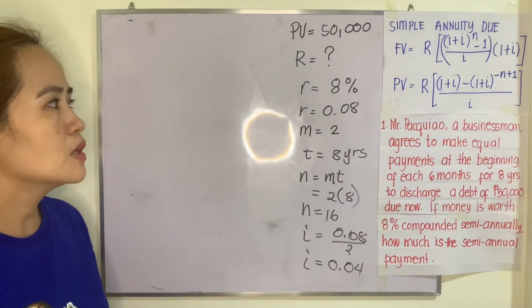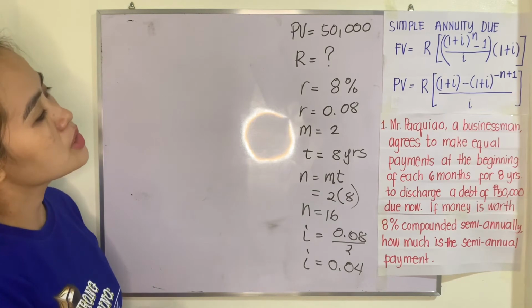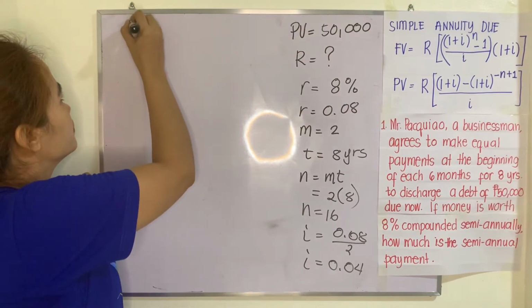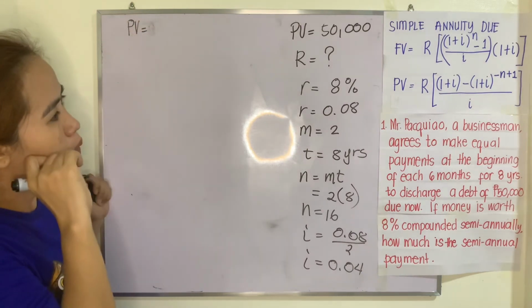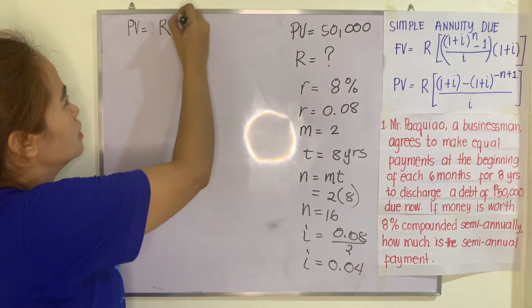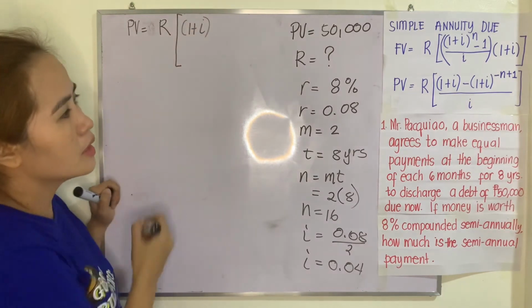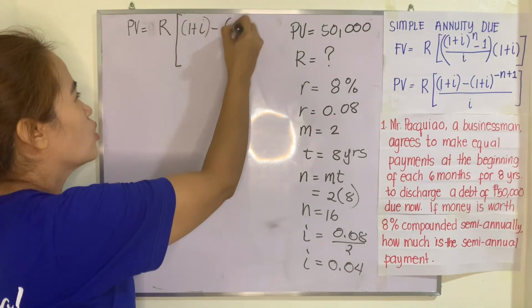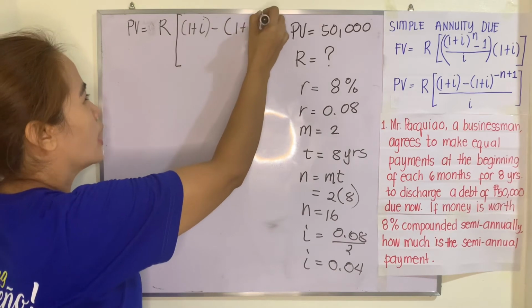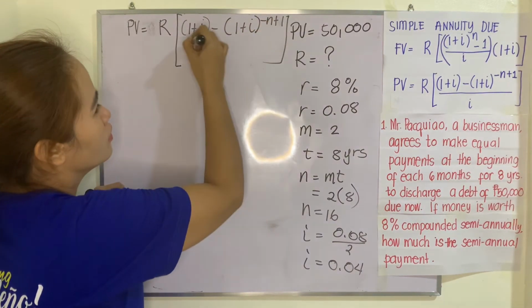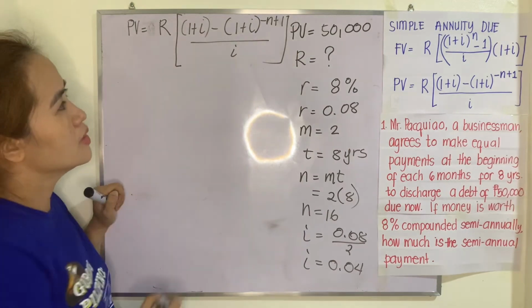Okay. So let us now use the second formula. The second formula is PV equals R times 1 plus I, minus 1 plus I raised to negative n plus 1, divided by I. Okay, here's the formula.